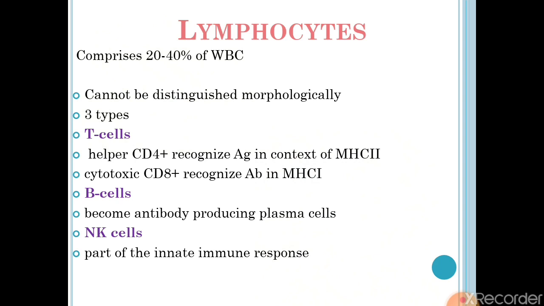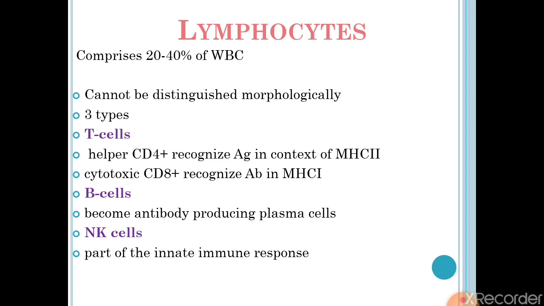CD4 cells recognize antigen in context of MHC2, that is the major histocompatibility complex 2, and the cytotoxic T cells recognize antigens in MHC1, that is the major histocompatibility complex number 1. These are topics which I will cover in later lectures, so don't worry about these terminologies.